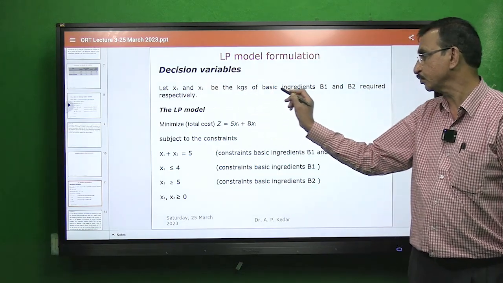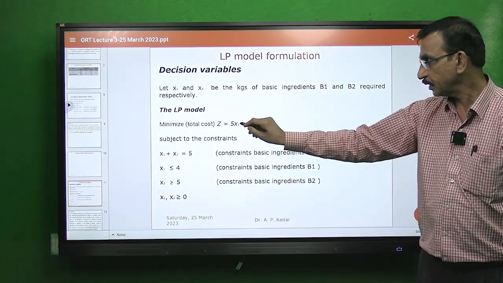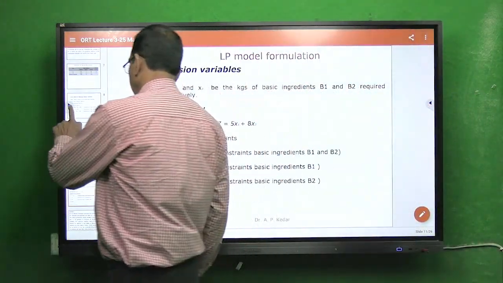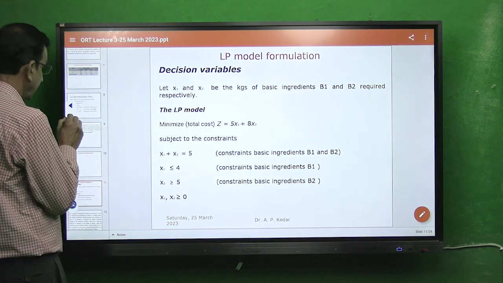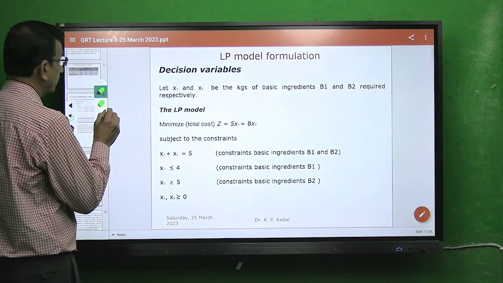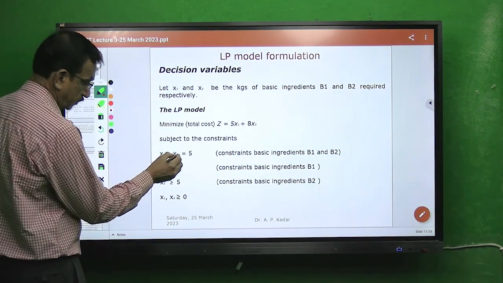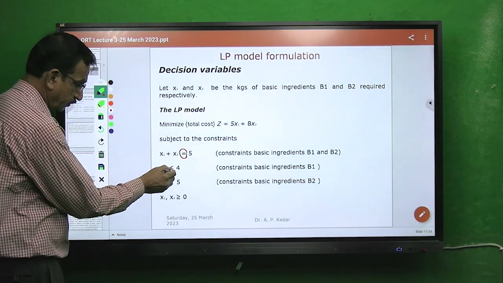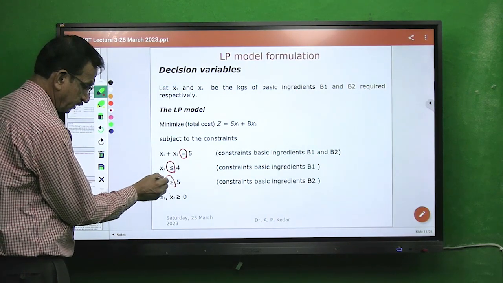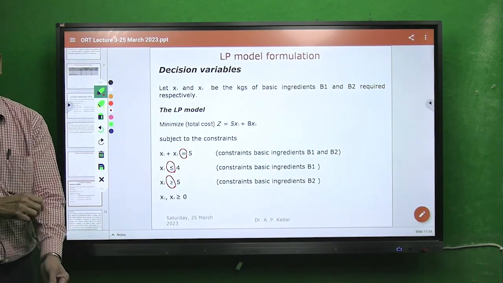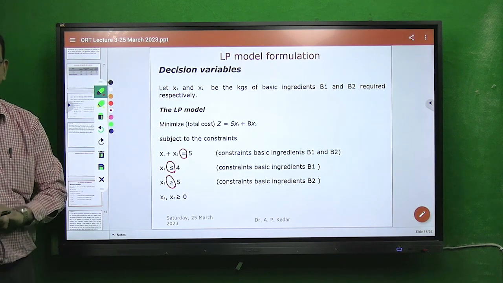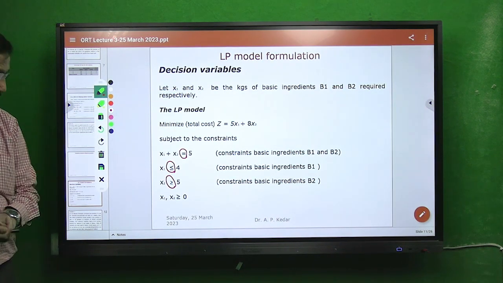Decision variables x1, x2 be the basic ingredients, LP model, minimize cost, with constraints having, again important, the equal to sign, the less than or equal to sign, and the greater than or equal to sign. So this is how in real life, based on the given conditions, we have to formulate the problem.